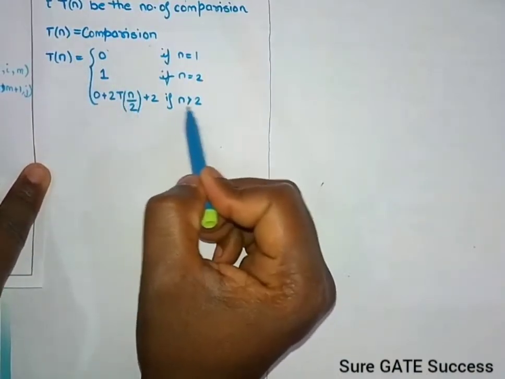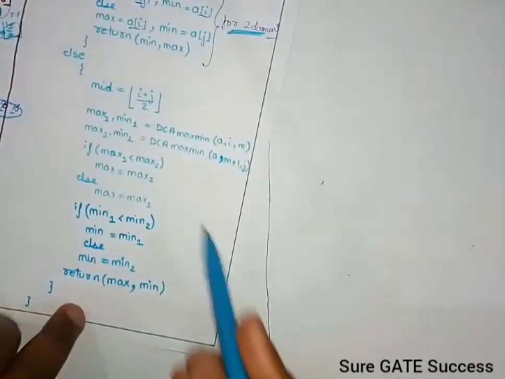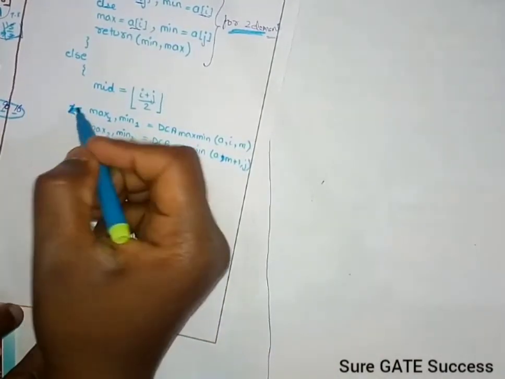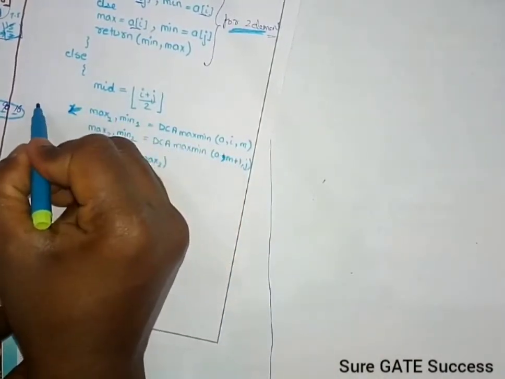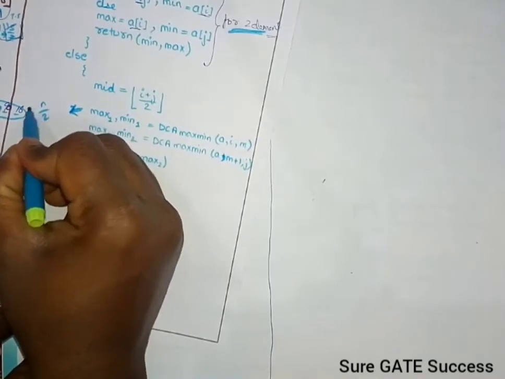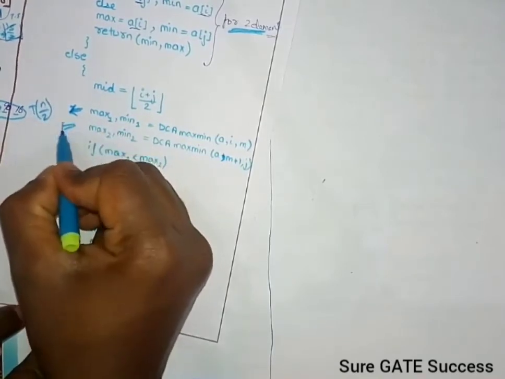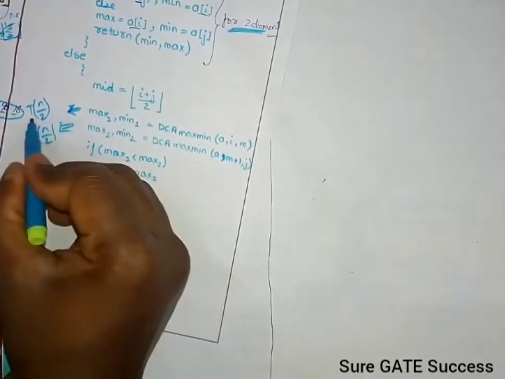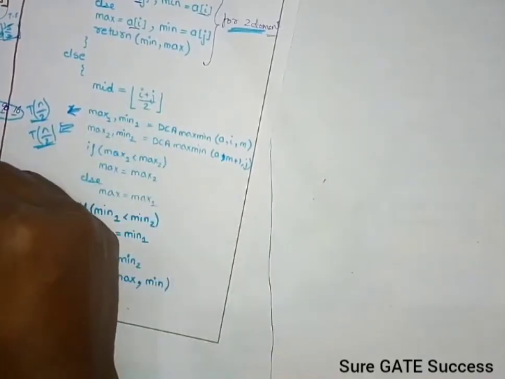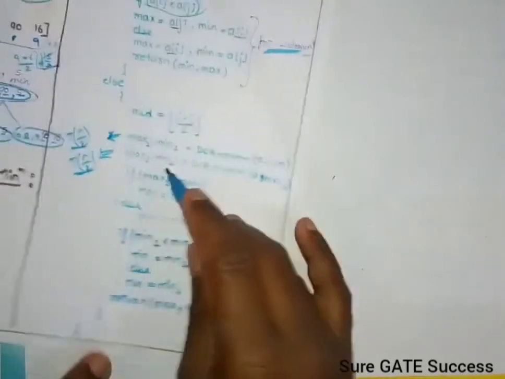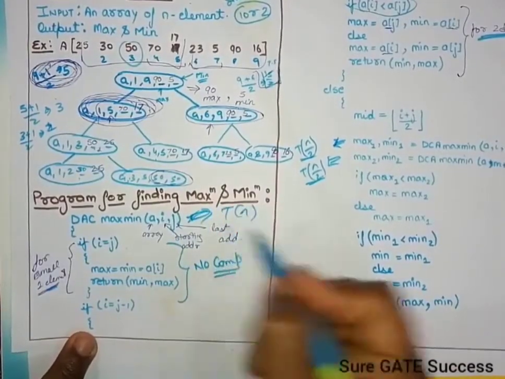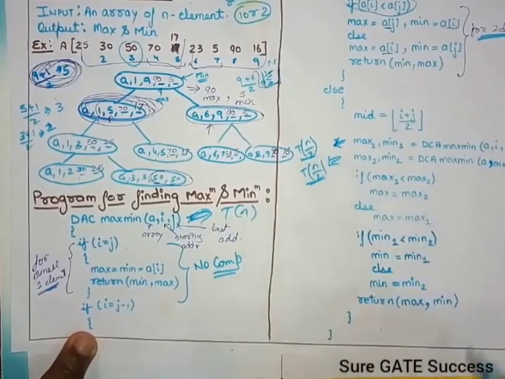And if there are more than two elements, the comparison will depend on these two. It will be T(n/2) plus T(n/2) for the else part, because we have taken this as T(n).